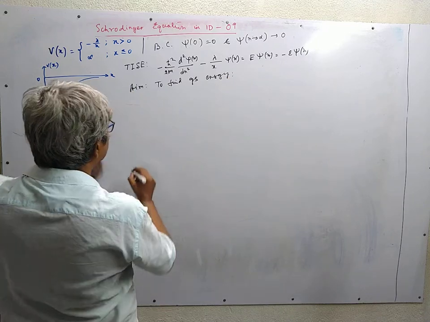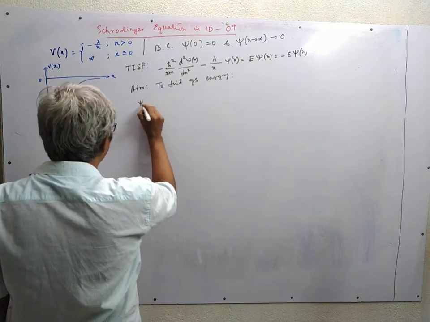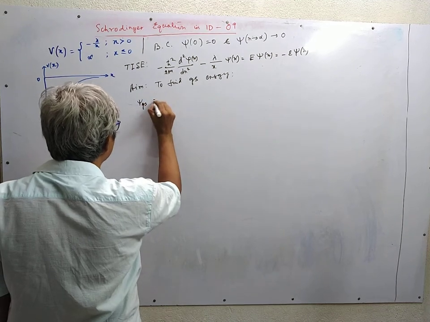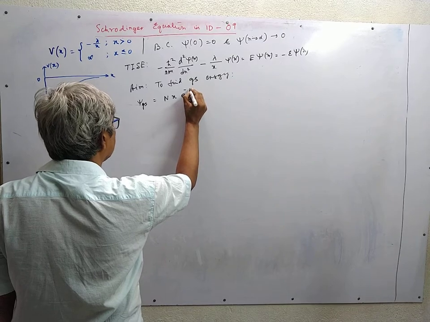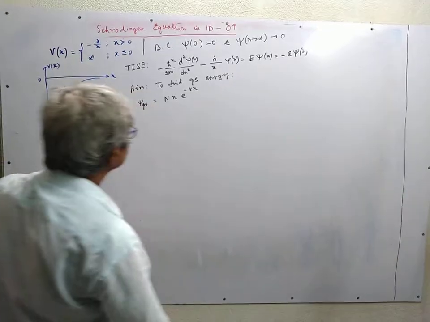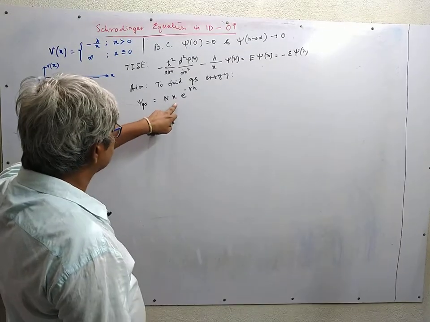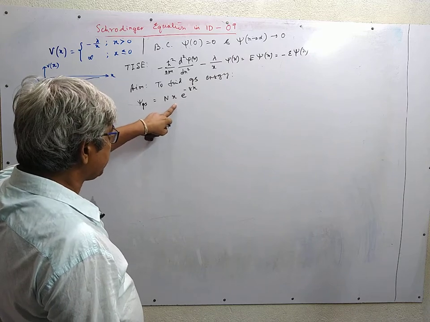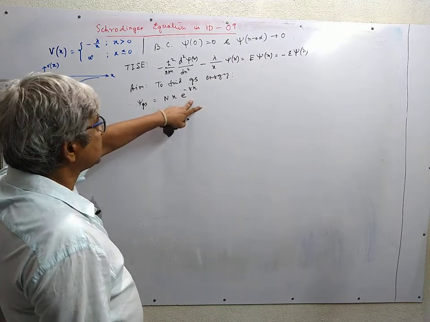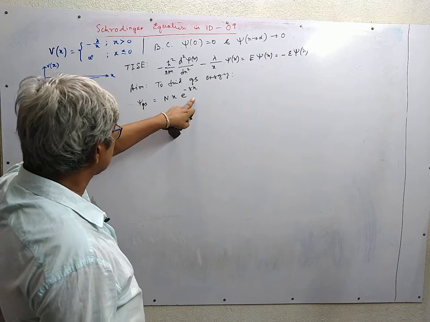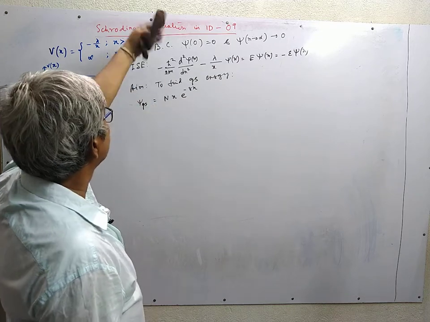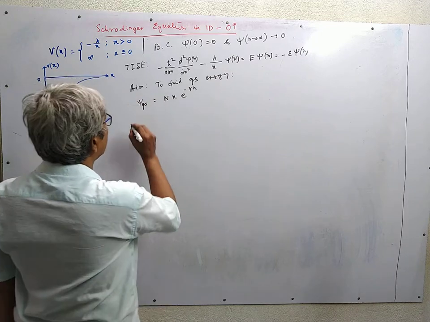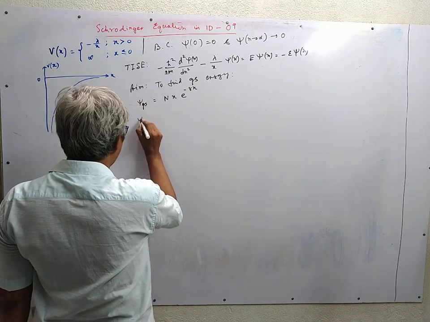Then we say that the wave function corresponding to the ground state must be of the form x e to the power minus gamma x. Because the wave function has to be 0 at the origin, this is ensured by the presence of the x factor, and the wave function must be 0 asymptotically. This is satisfied by this function. We use these in this equation.